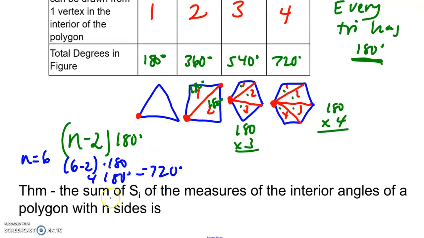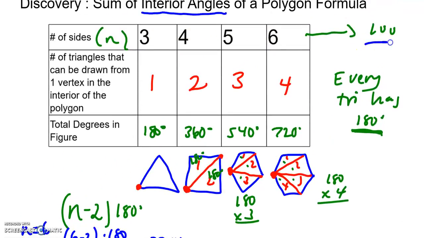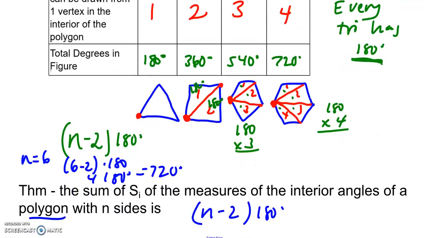If I wanted to find the sum of the interior angles of a polygon, the little quick formula would be the sides minus 2 times 180. So that ridiculous example I made up before, what if you wanted to find a 100-sided figure, how many degrees are in there? Now, we could take 100 minus 2 times 180, or 98 times 180, and get the answer much more quickly than we did before.